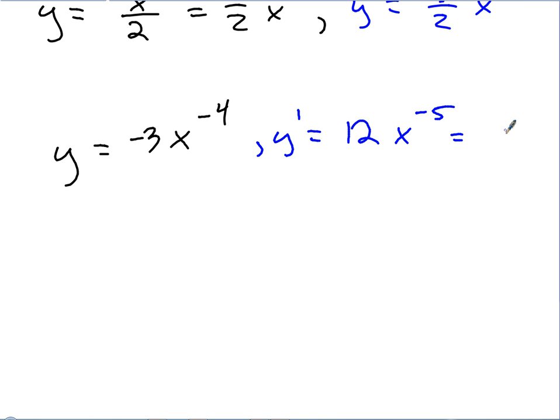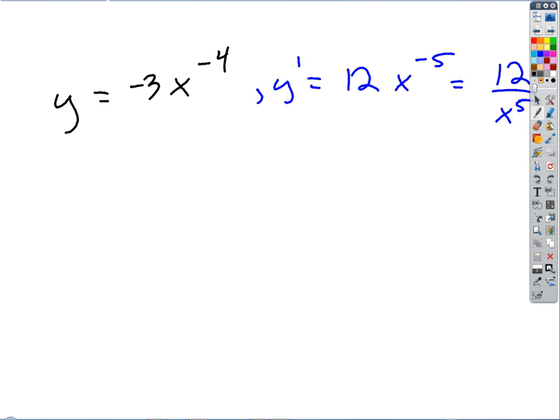X to the -5 is equivalent to, what's a negative exponent on top mean? You get a fraction. Negative exponent on top is equivalent to positive exponent on the bottom, or vice versa. Negative exponent on the bottom is equivalent to positive exponent on top.